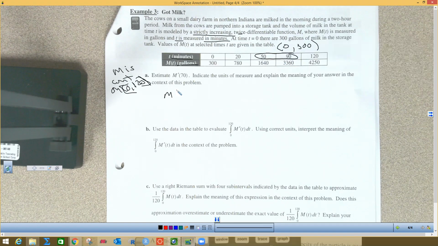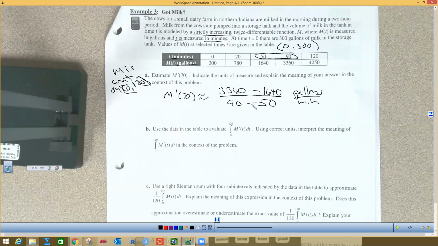So we are going to say m prime of 70 is going to be, and I hope we realize that this is a derivative, so we need gallons over minutes. So I'm just going to take 3,360 minus 1,640, it's the y's over the x's, over 90 minus 50, gallons per minute.